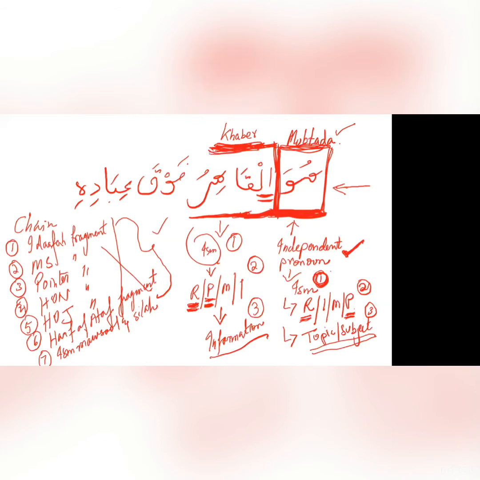Ustaza, I have a question. In order to know that Al-Qahiru is not another mubtada and it's khabar, we need to know its meaning. Otherwise, if we don't have the vocabulary, we would keep calling it mubtada, isn't it? Yes.